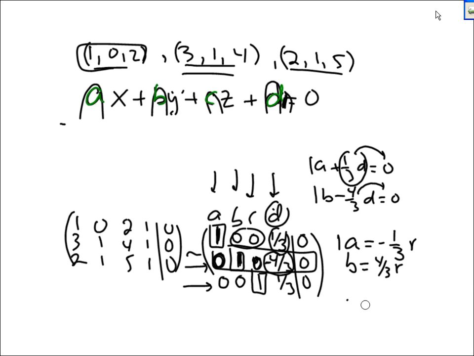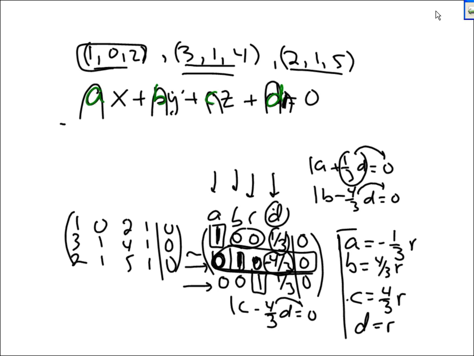The third row tells us that 1C minus 4/3 D is 0. Bring this over and you get that C is 4/3 D. But D is R. So this is a solution.